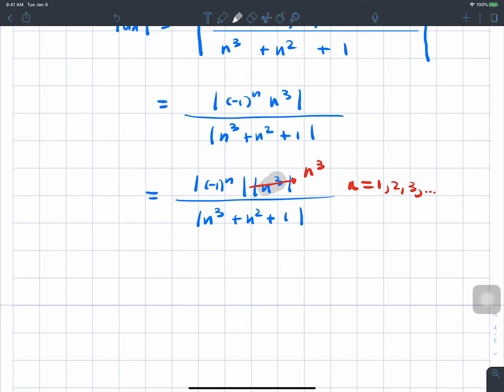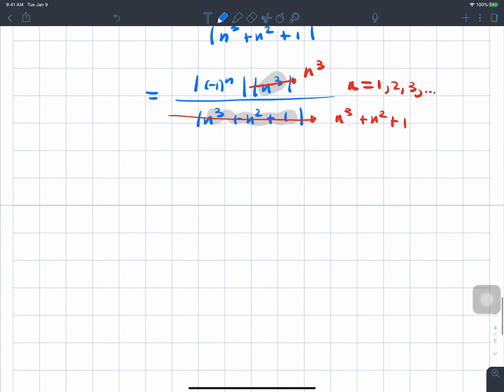Similarly, the terms in the denominator are also positive. n cubed, n squared, they're positive because n is positive. So we get to replace that simply with n cubed plus n squared plus 1.